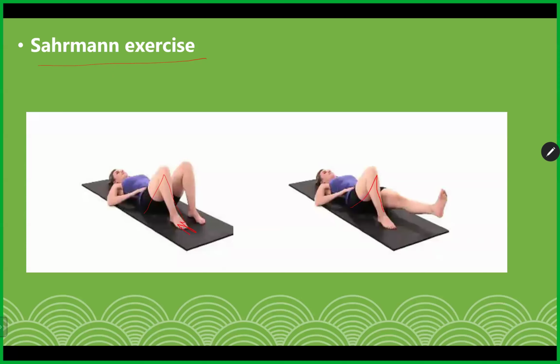Just ask them to bend their knees, extend one, keep it back. Extend the other, keep it back. This is a type of exercise. Exercise for hip locking. I didn't get your point, so please explain that to me, Rituja. So Sahrmann exercise is this: with knees bent to a certain extent, just extend and come back, extend and come back. Okay, you can do this with therabands also.